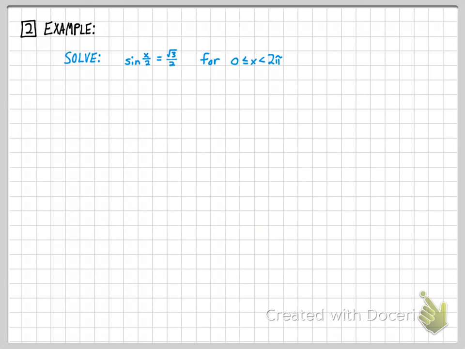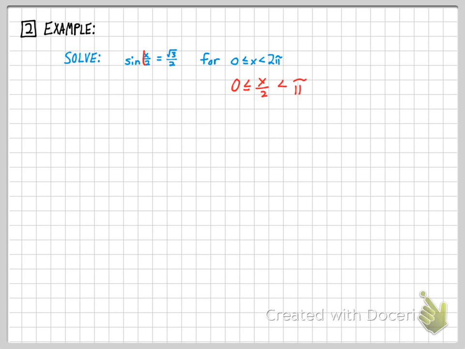This time I'm going to do a multiple of the angle that's going to be x over 2. So this time I'm going to think about my constraint for x over 2 being half of my original constraint. And so really when I get to the first solve, I only have to think about angles between 0 and pi.